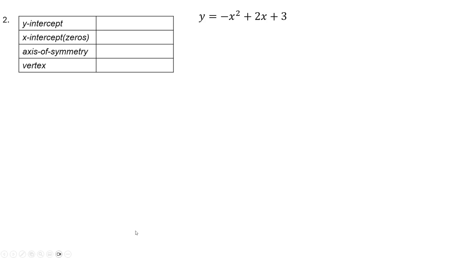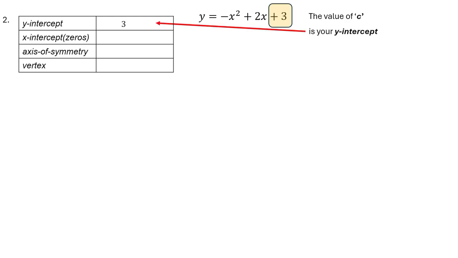Our next question, we're given a trinomial of -x squared plus 2x plus 3. Our y-intercept is going to be 3. And our x-intercepts we're going to figure out by factoring -x squared plus 2x plus 3.